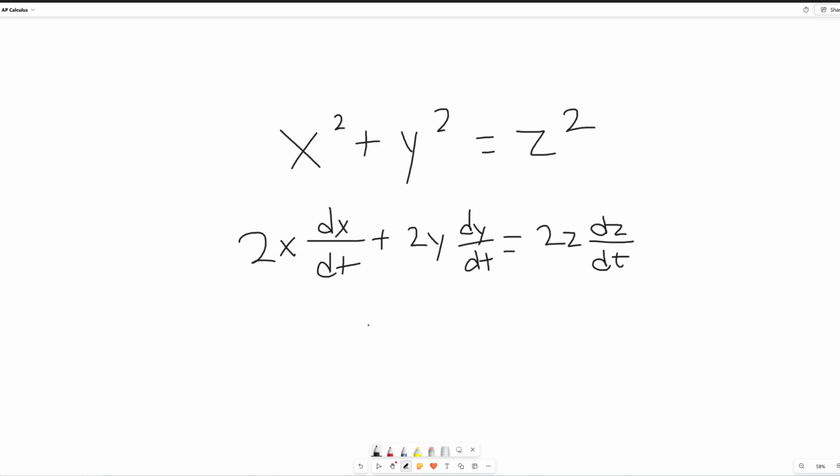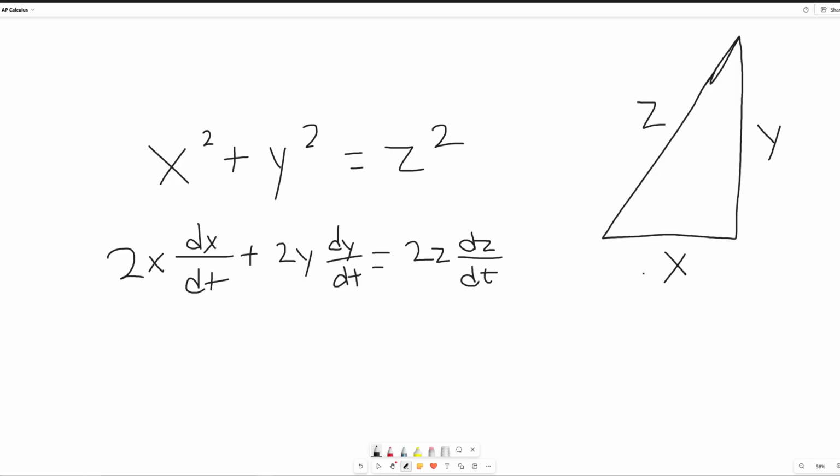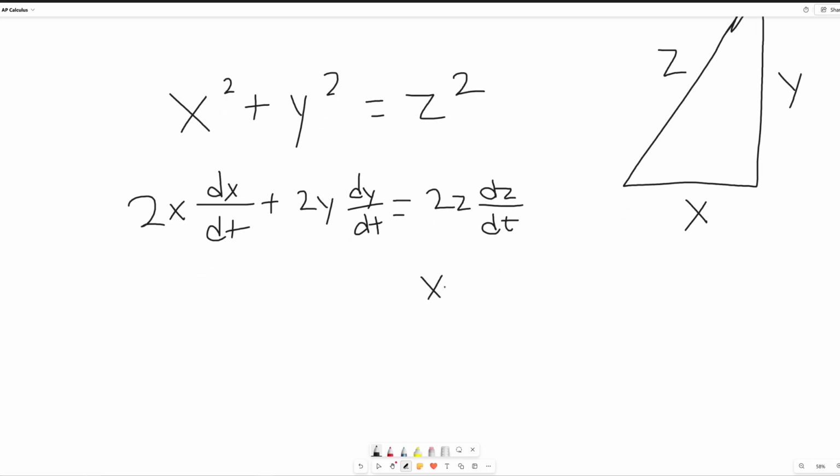So, in a problem using a Pythagorean triangle, it will say something along the lines of this. If x is equal to 3 and y is equal to 4, it will give you certain numbers.